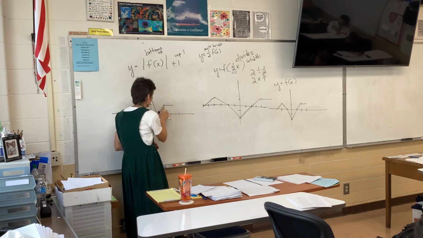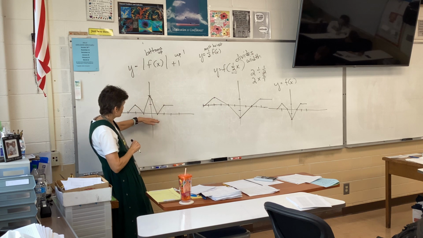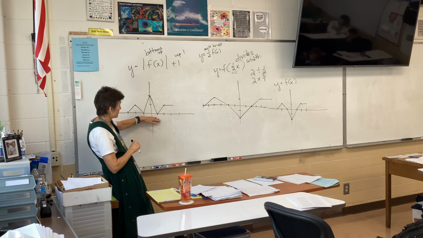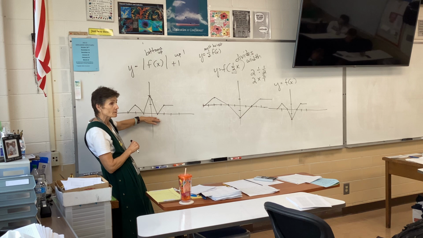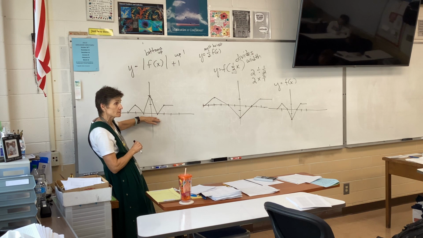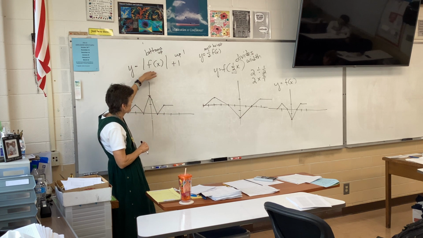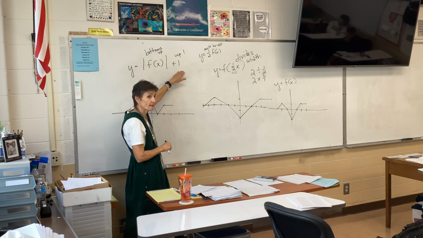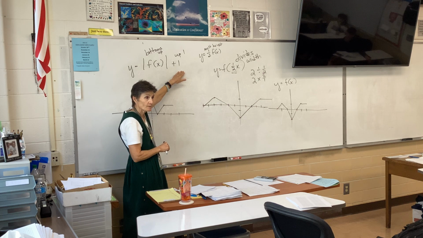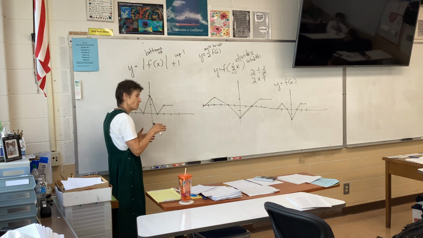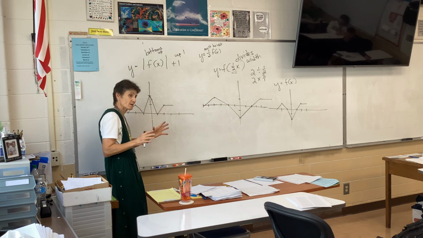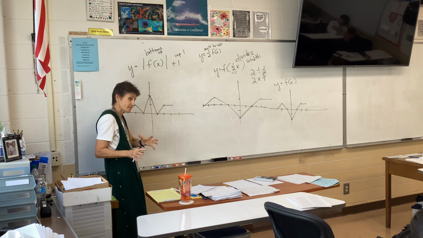Now, I'm not done yet. But would you agree that that is bottoms up? Now I'm going to take the whole thing and move it up 1. So this time I didn't do my squiggly line. I don't know if you want to do that or not. Some kids it helps, some kids it confuses.